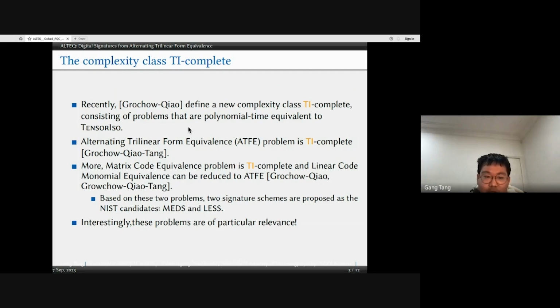Based on these problems, two signature schemes are currently submitted to NIST, MEDS and ALTEQ. So the above three problems are of particular relevance.